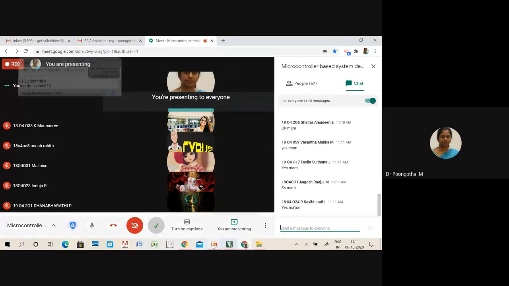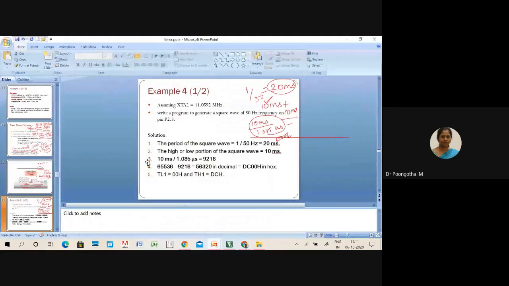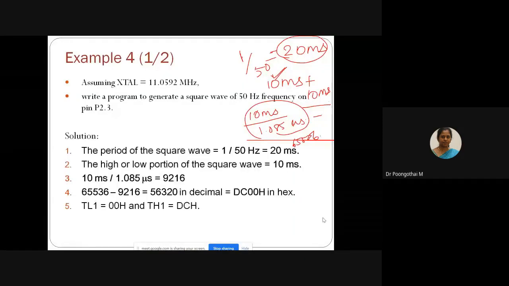Now write an assembly language program for this application. We have calculated the timer initial value. So find out the TMOD value and load your initial value of timer into TH1 and TL1. What is the next step?